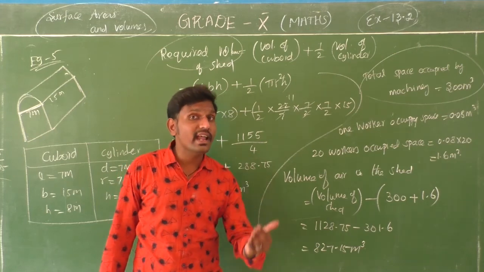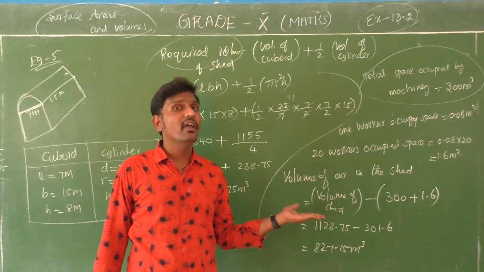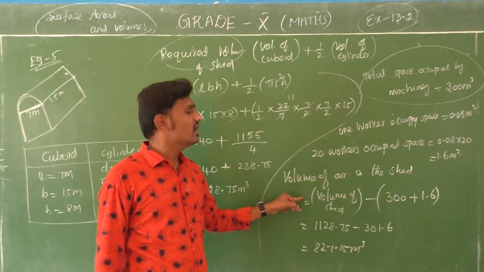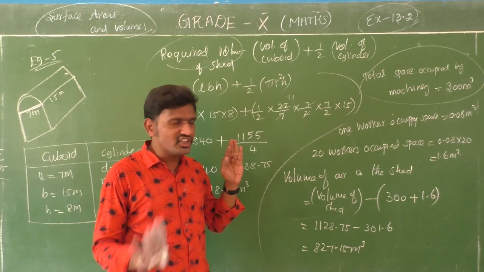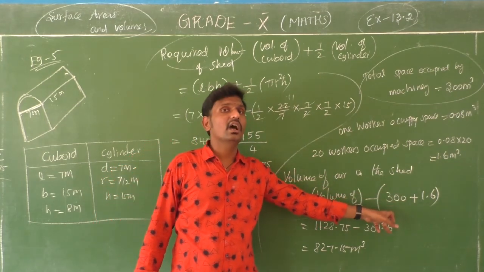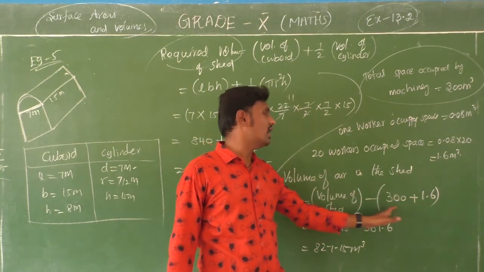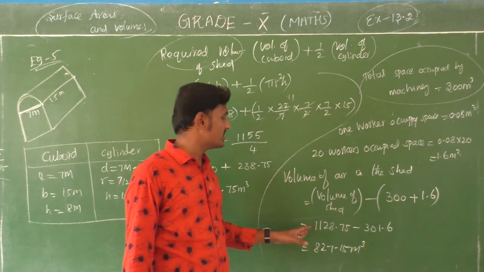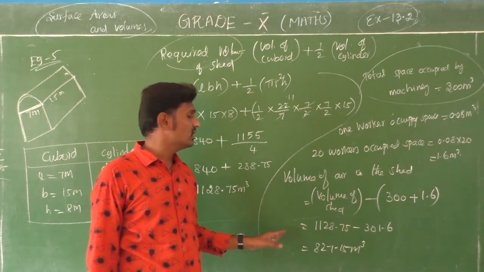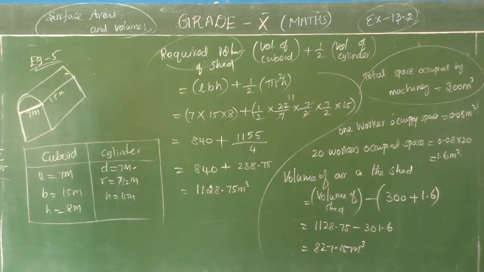Now what is the final answer we are going to find? Volume of air present in the shed. That is the total volume of the shed minus the volume of the machinery space and the volume of the 20 workers' space. Add both and subtract from the total volume of the shed to get the final answer, 827.15 meter cube. Okay, students.